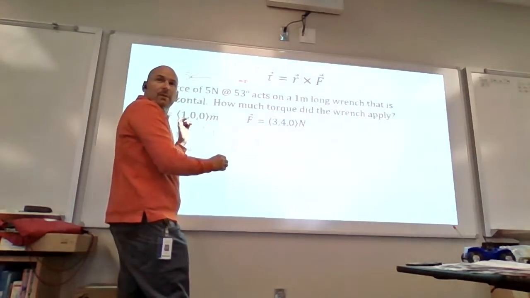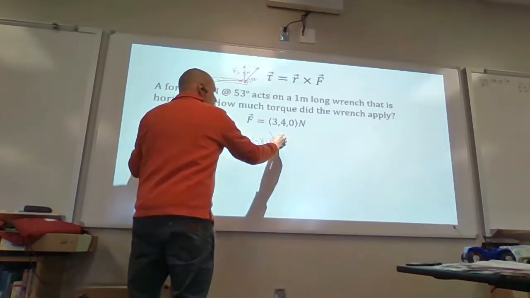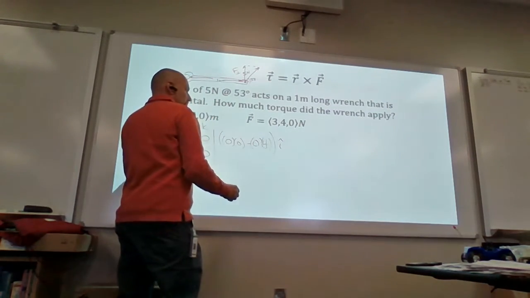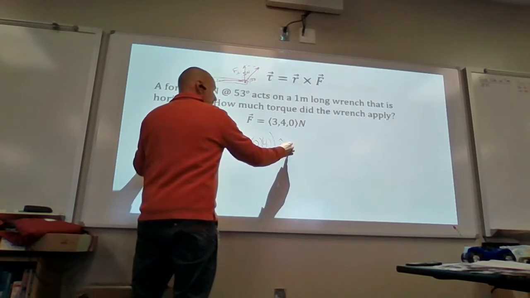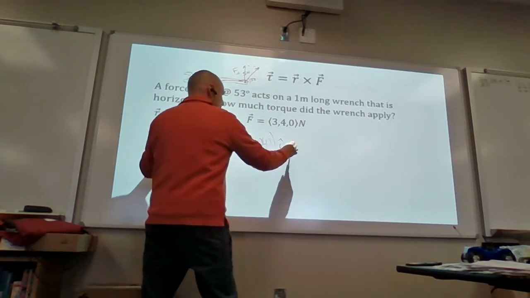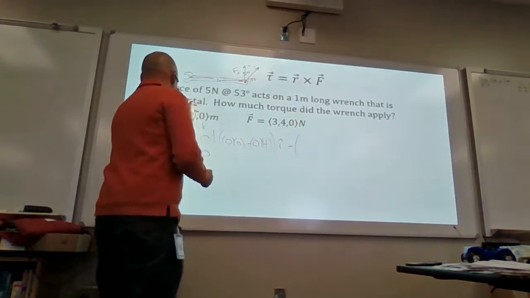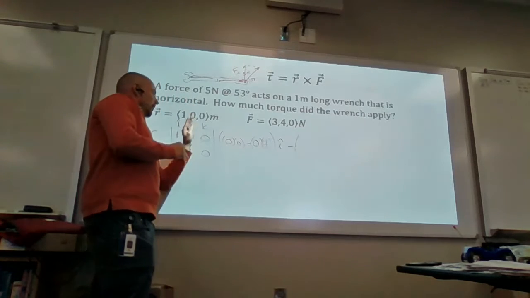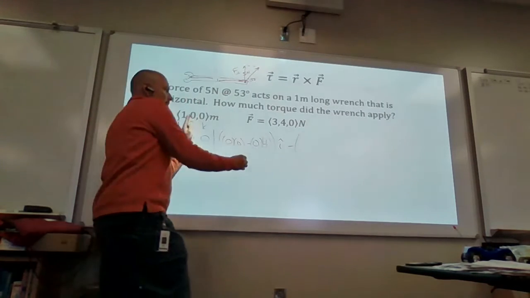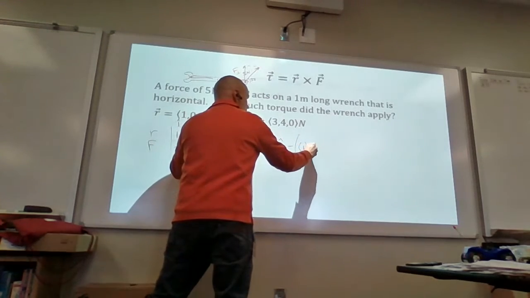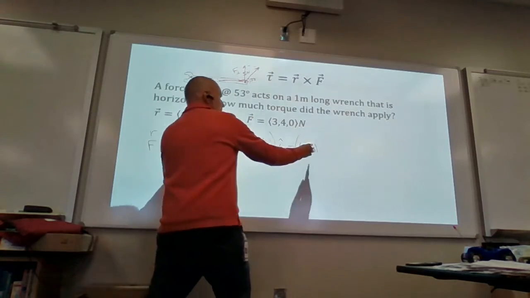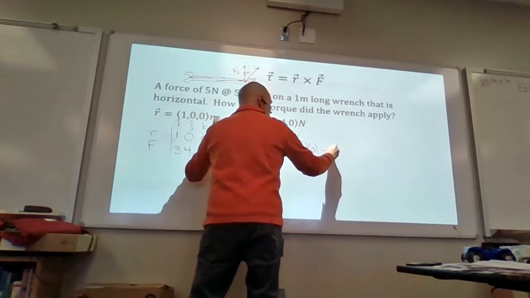Is that right? Okay, that's your x component of that vector. And then minus. Okay, thank you. And then you cover up this column, and then you go 1 times 0 minus, bless you, 3 times 0.